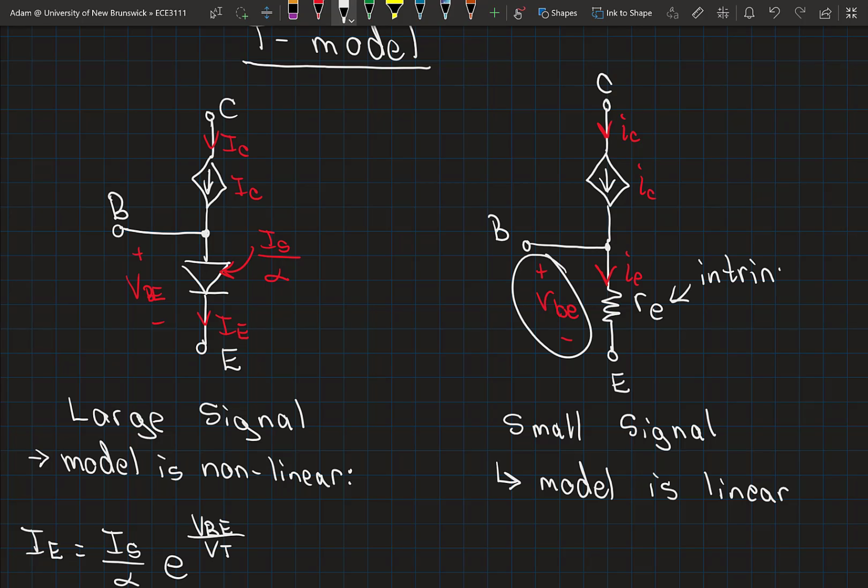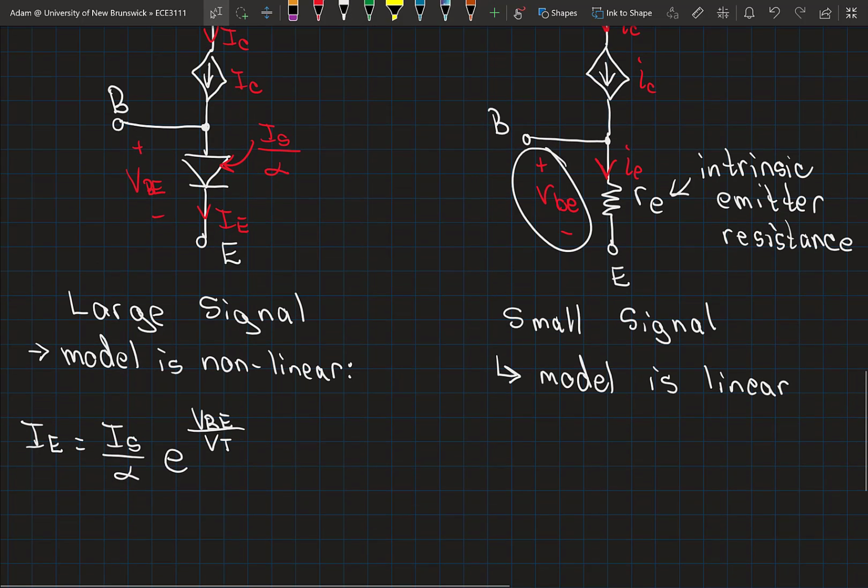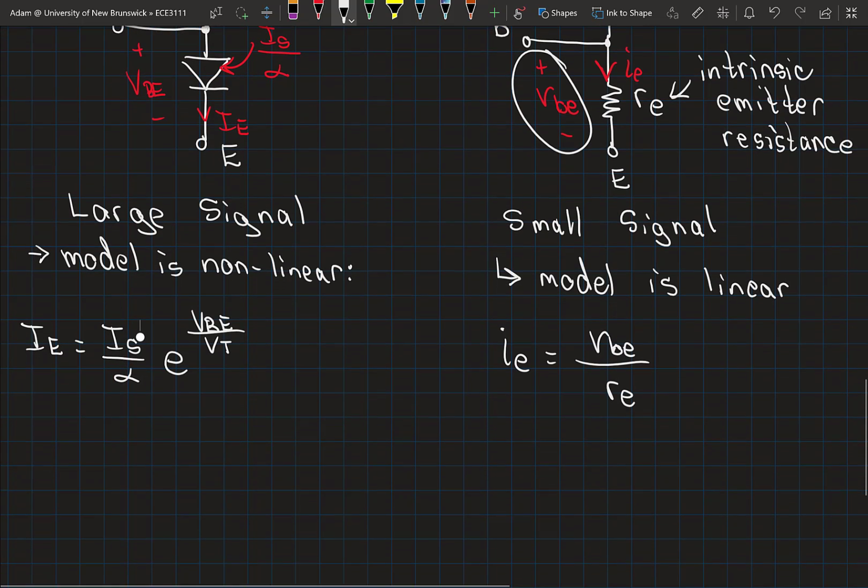This is our intrinsic emitter resistance. And so the analysis of this circuit becomes quite straightforward. Our emitter current in that circuit can be calculated simply as our base to emitter voltage over our intrinsic emitter resistance. Okay, simple Ohm's law.